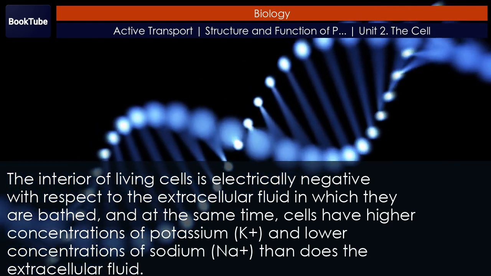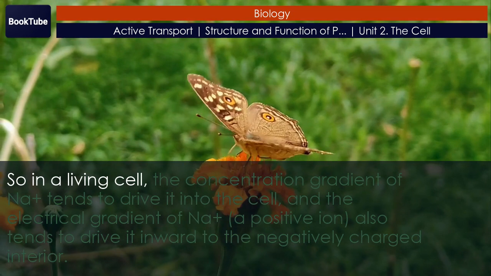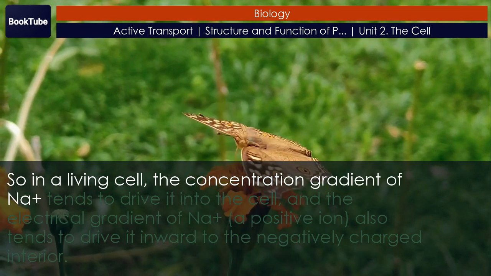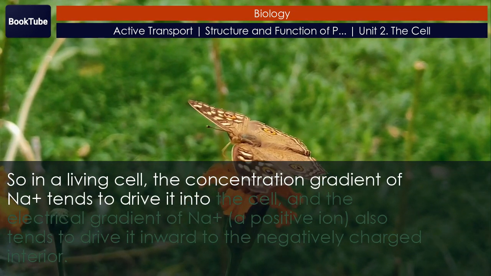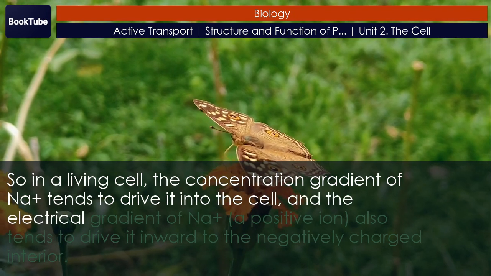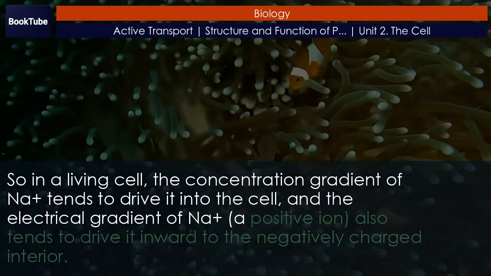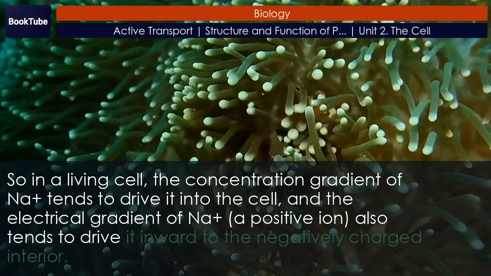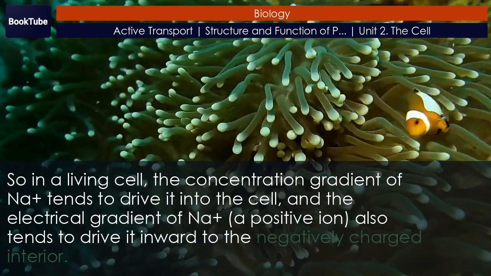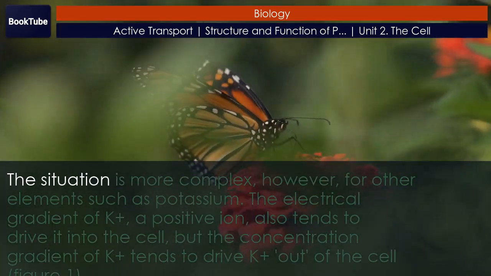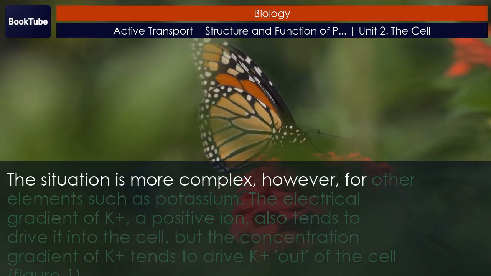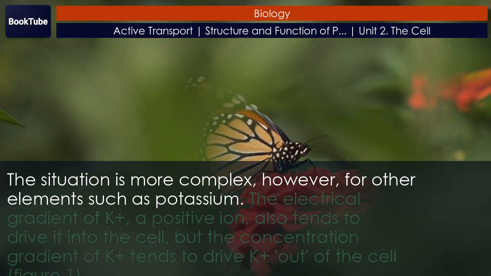extracellular fluid. So in a living cell, the concentration gradient of Na+ tends to drive it into the cell, and the electrical gradient of Na+, a positive ion, also tends to drive it inward to the negatively charged interior. The situation is more complex, however, for other elements such as potassium.